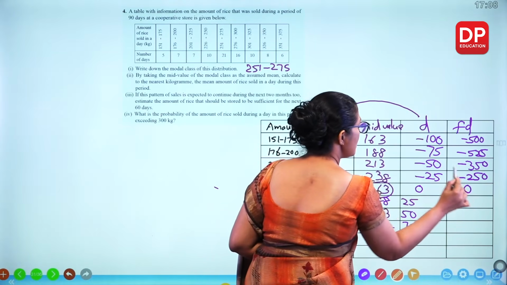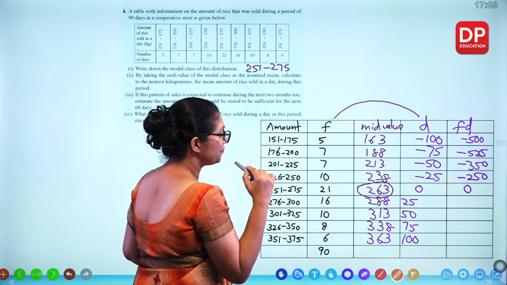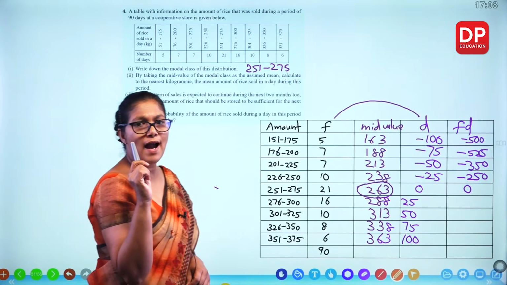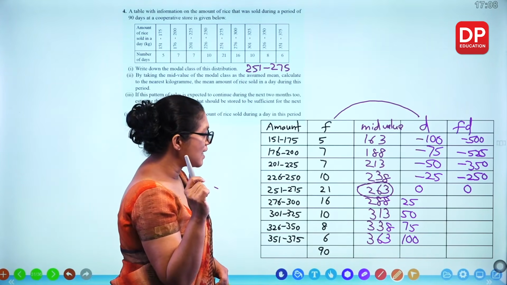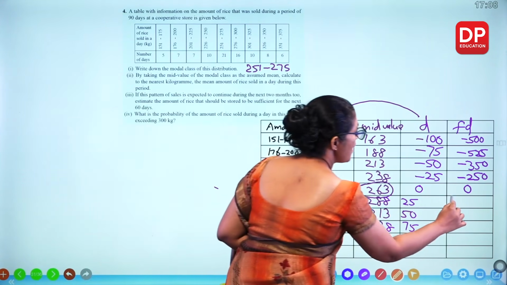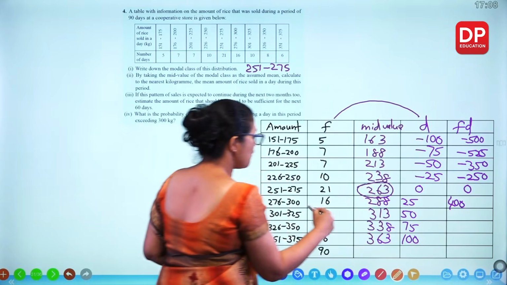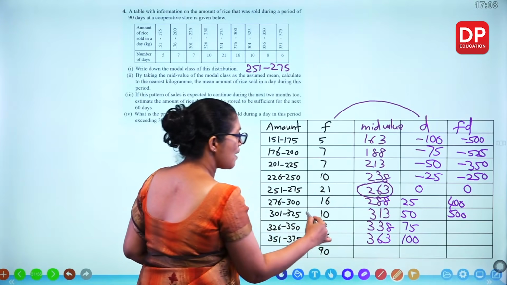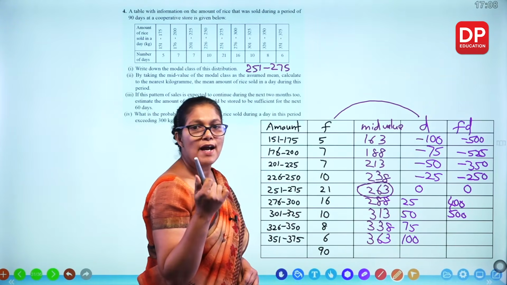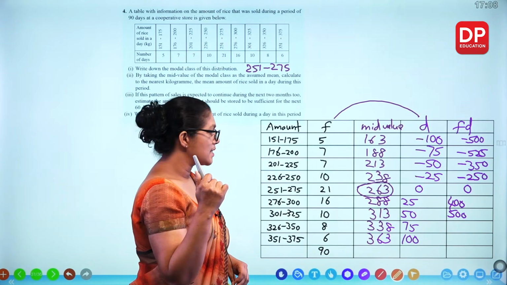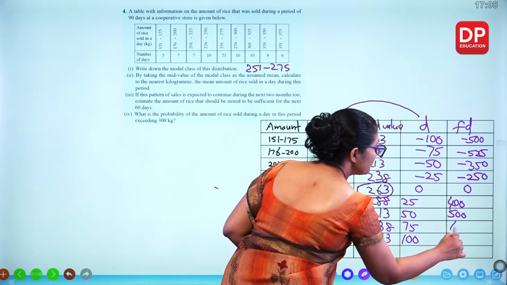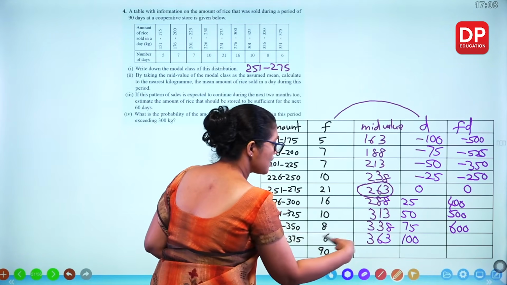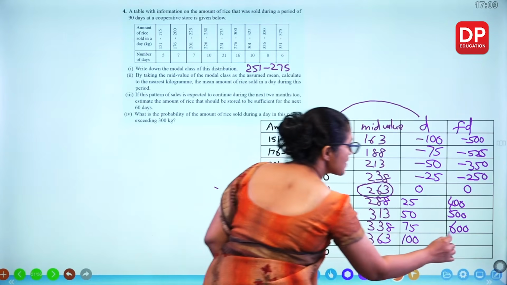You get this one, 0. 16 times 25, you get positive 400. 50 times 10, 500. 75 times 8. What's 75 times 8? You get 600. And here you get 100 into 6, 600.